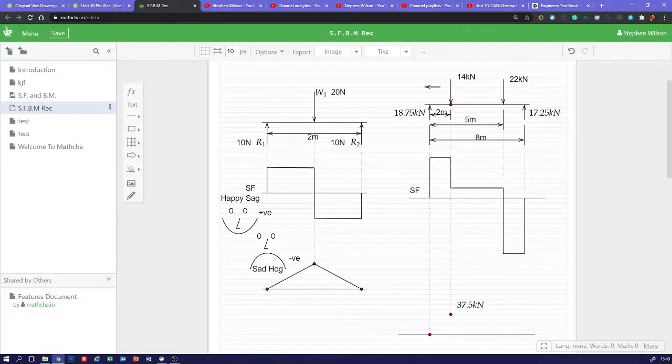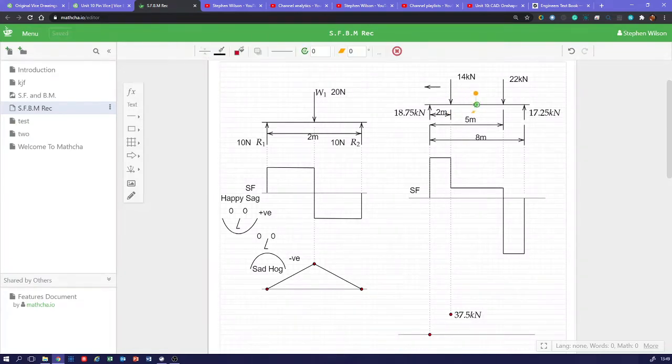I've just gone up 4 squares because I can't do partial squares on here, so we're roughly to scale, but not as accurate as we could be. So 37.5 is that dot there, in line with the point we've just taken moments about.